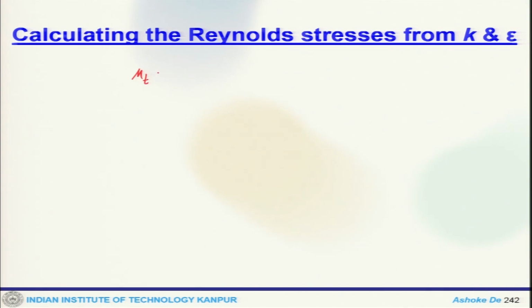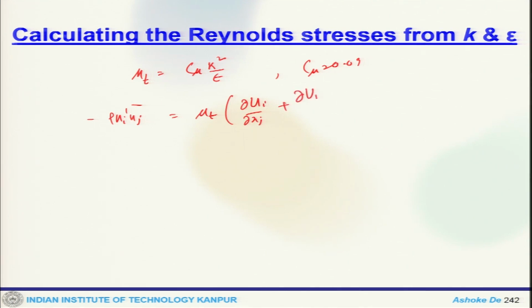Now, we can calculate the Reynolds stresses from K and epsilon. So, our eddy viscosity is approximated as C mu K squared by epsilon, where C mu is 0.09, and the Reynolds stress is mu t (del ui by del xj plus del uj by del xi) minus 2/3 k rho delta ij, which is nothing but 2 mu t Eij minus 2/3 rho k delta ij.